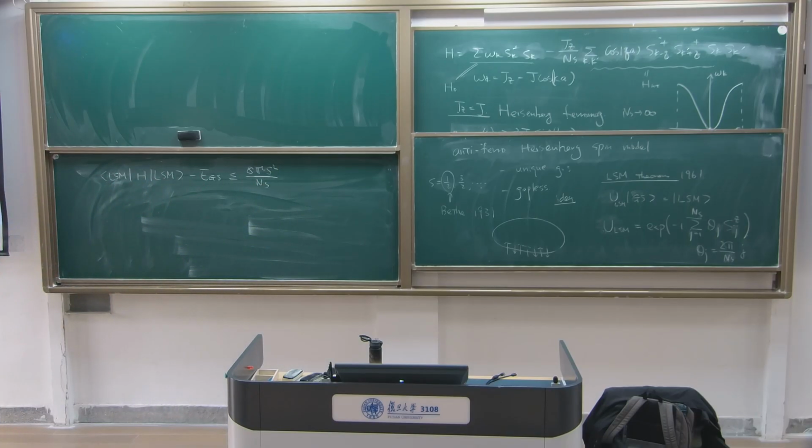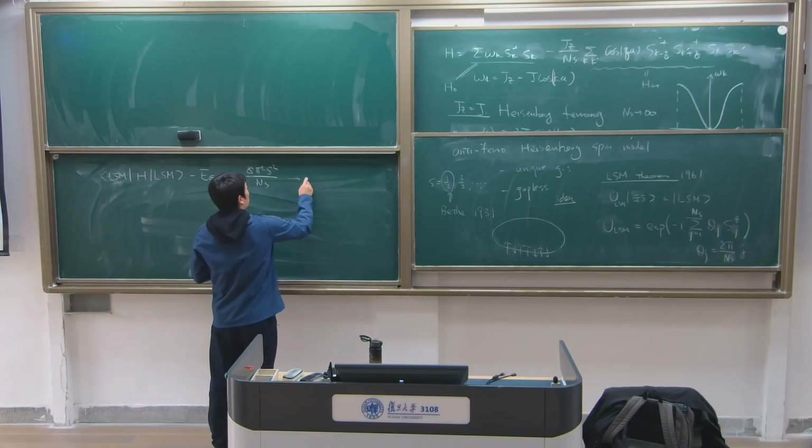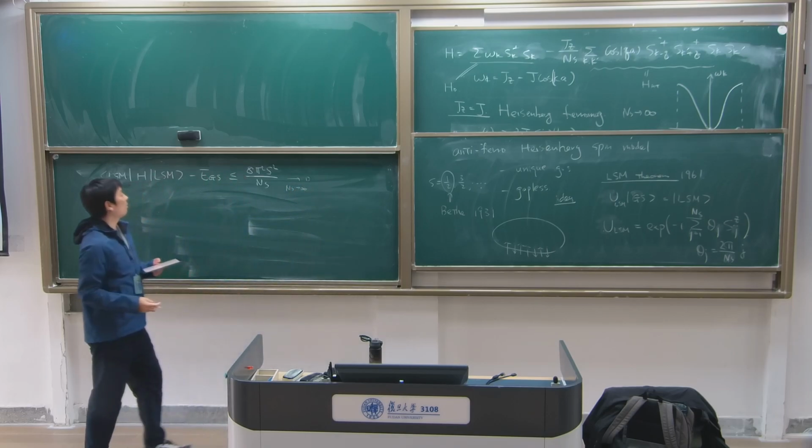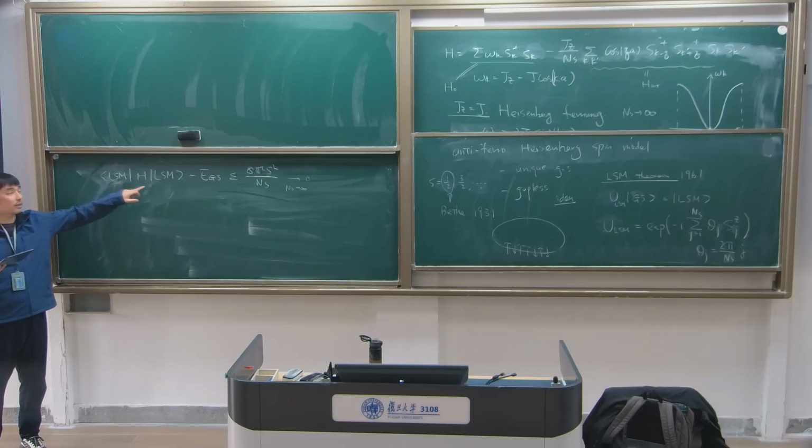Where this goes to 0 when N goes to infinity. Now this is the LSM state with infinitesimally higher energy than the ground state energy.